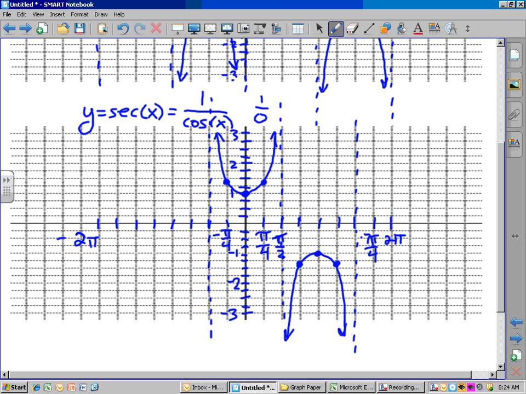So what would be next? Now we go high again, starting at positive 1.4. Since we're on increments of 45, pi over 2 would be 1. And then the next 45 will be 1.4. The next 45 after that, we'd have an asymptote.